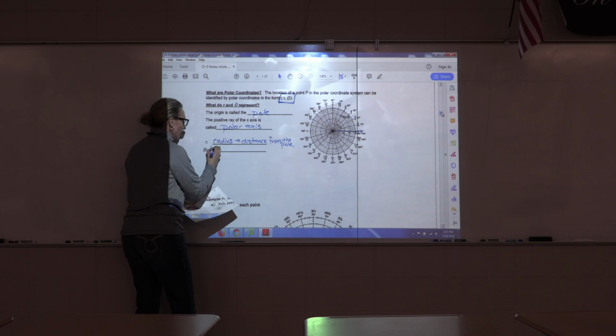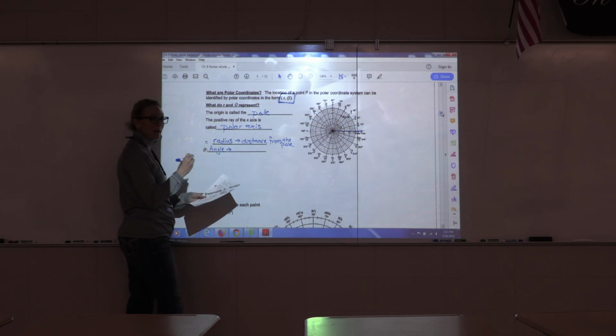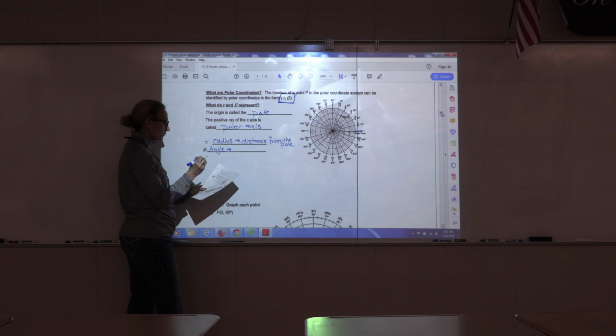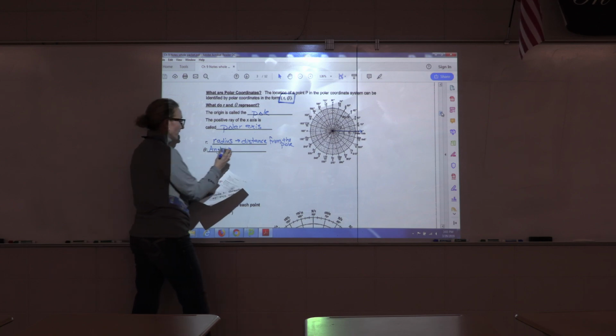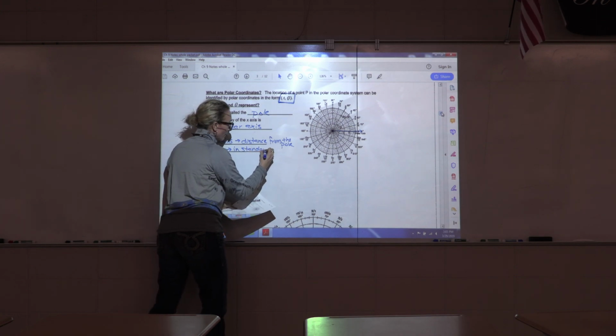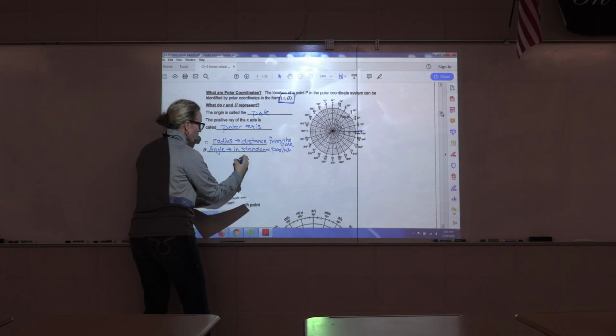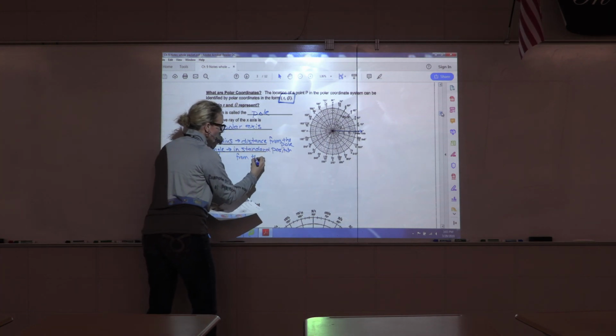Theta is obviously an angle, but from what? How do you measure theta? You measure theta, the angle, in standard position from the polar axis.